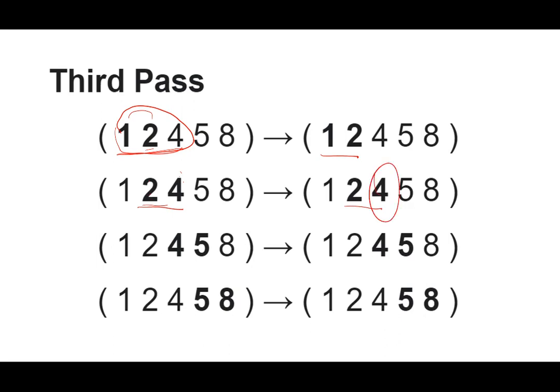So we get the largest element in the three elements. So for the third pass, the last three elements are sorted. Then we go to the next pass to compare the two elements to check if they should be swapped.